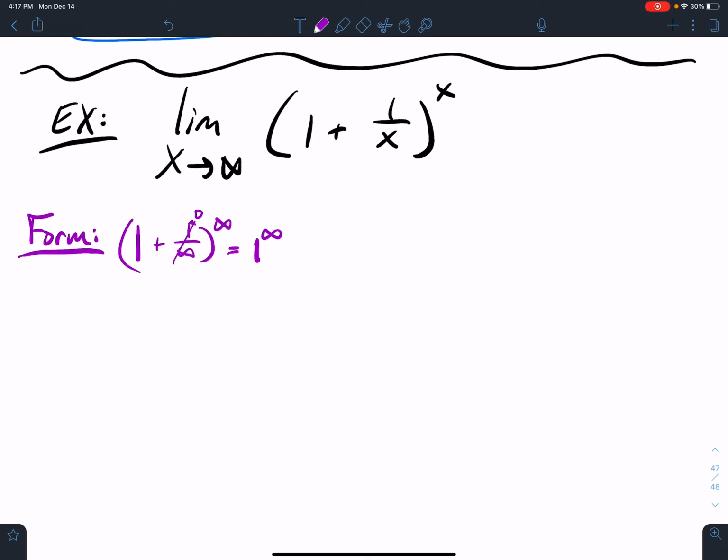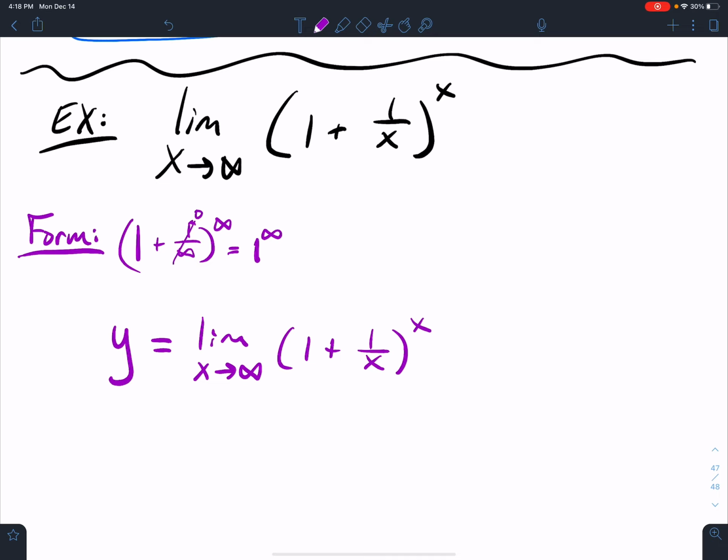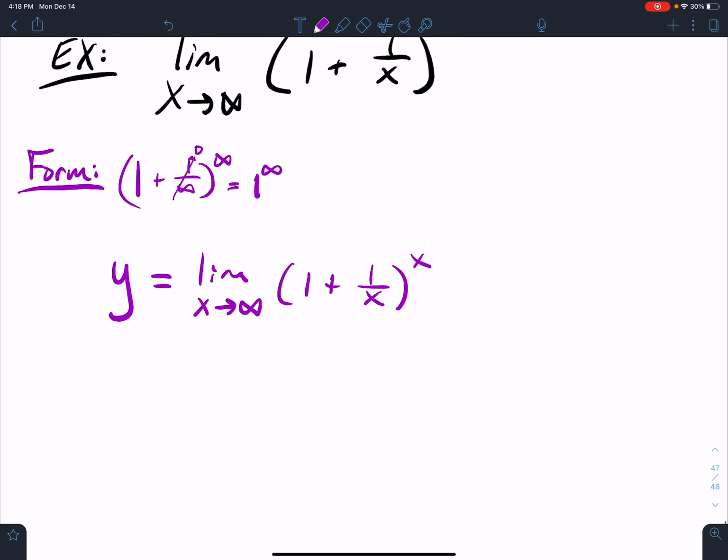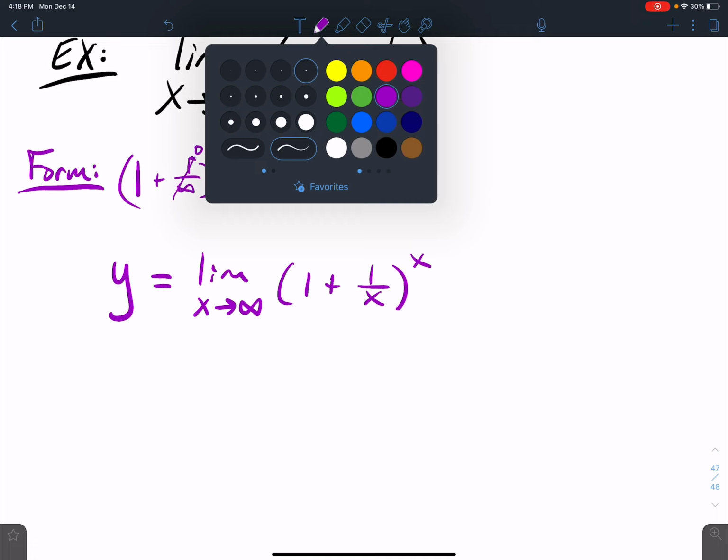When I see something to the infinity power, I'm thinking use my natural log trick. So first thing I do is say y equals limit x goes to infinity, 1 plus 1 over x, raised to the x there. Okay. Now that I've done that, what do I do? I natural log both sides.